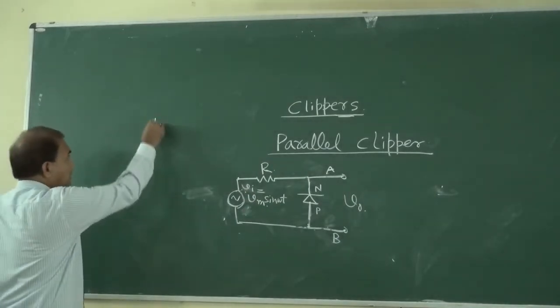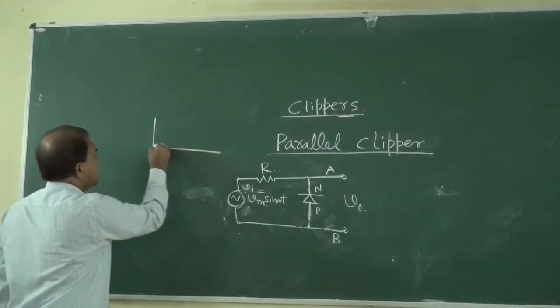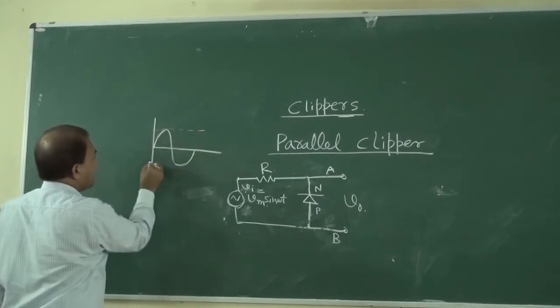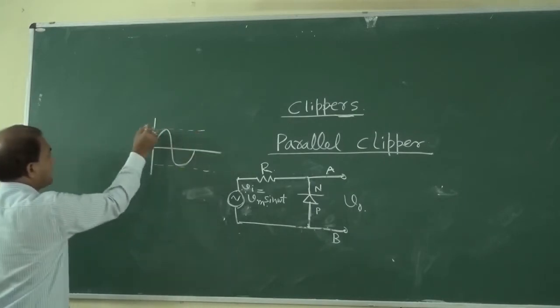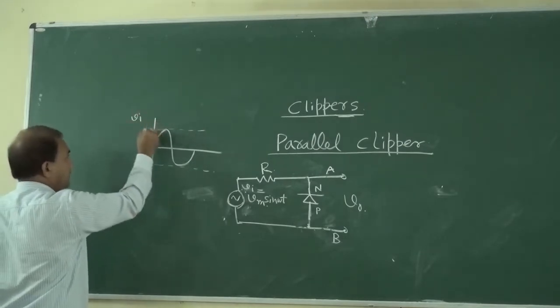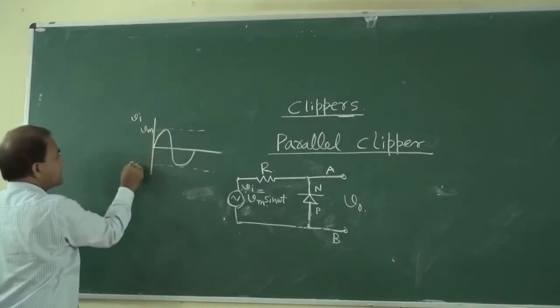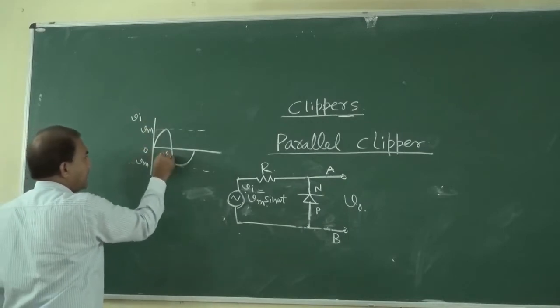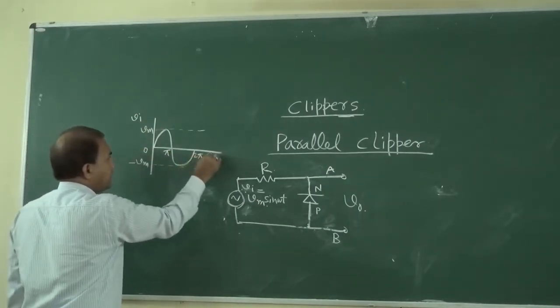We will see this is the input waveform Vi, this is Vm and this is minus Vm. 0 here, pi, and this is 2 pi.